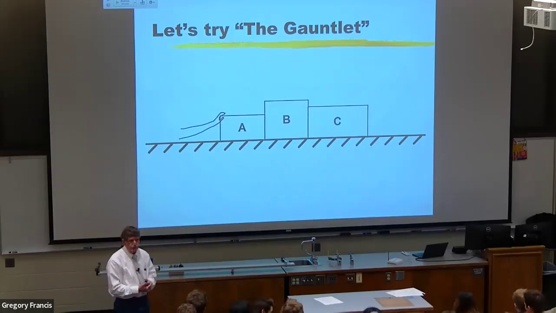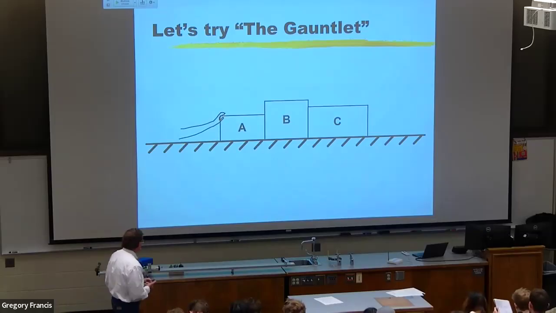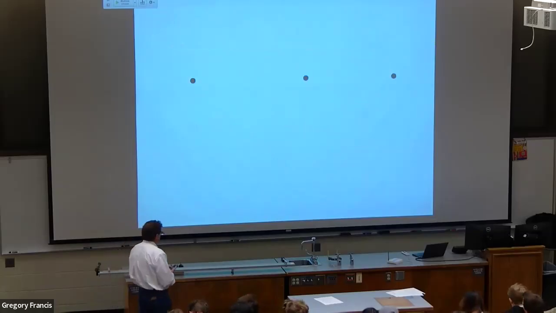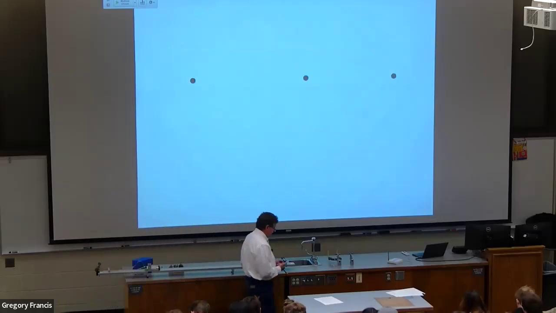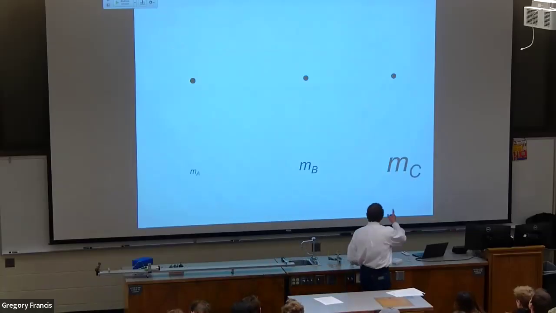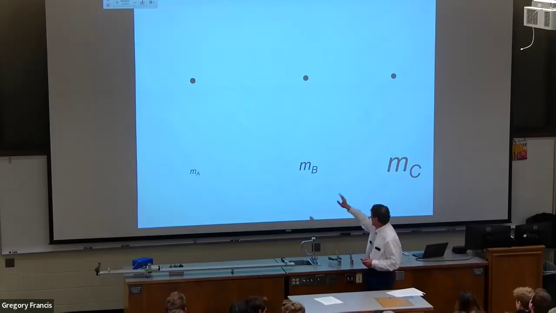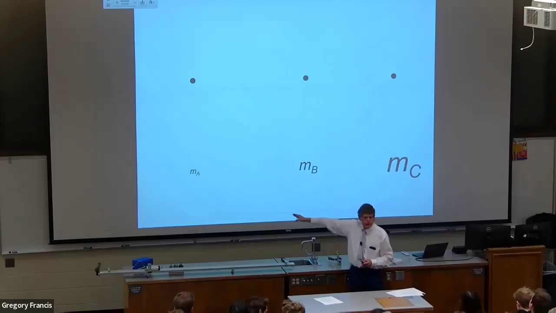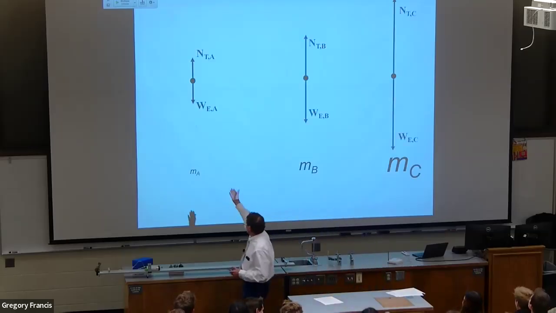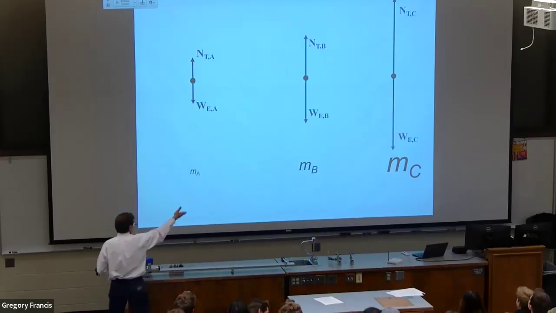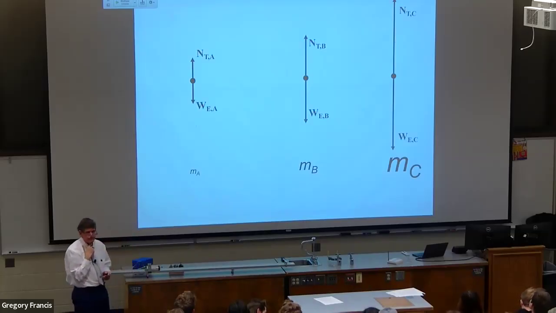Remember, the table's frictionless, and the hand is pushing on A. We're asked to draw free body diagrams, and we're told that the mass of C is 3 times the mass of A, and the mass of B is twice the mass of A. And so the vertical forces, I've got little weight on A, twice the weight on B, and 3 times the weight on C.